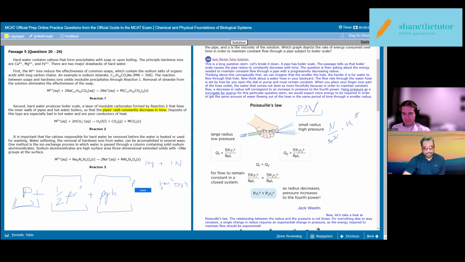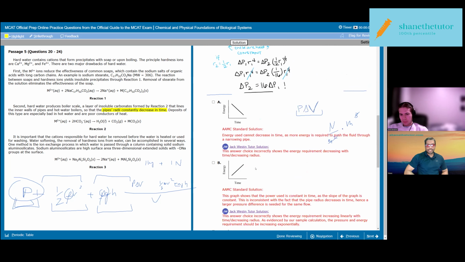Now, if we had P delta V and we divide everything by volume, you'll get your rho terms, and P delta V divided by V gives your P. Still tricky though. Yes, very.